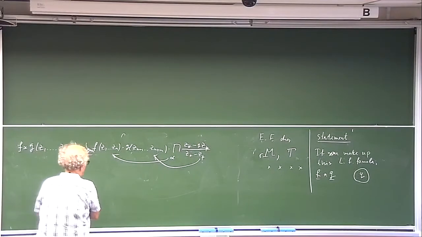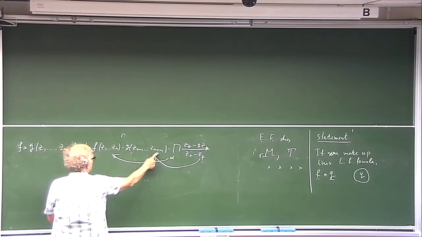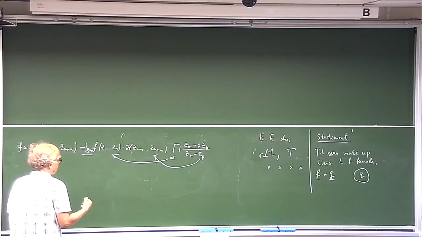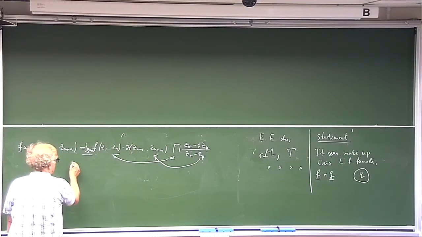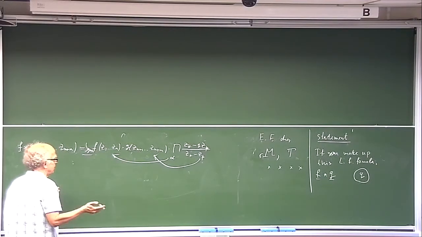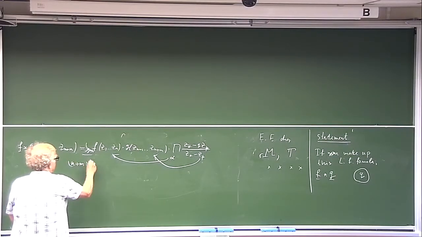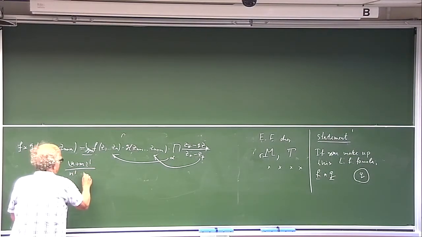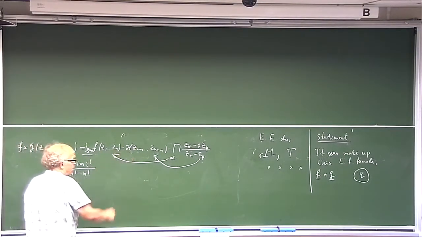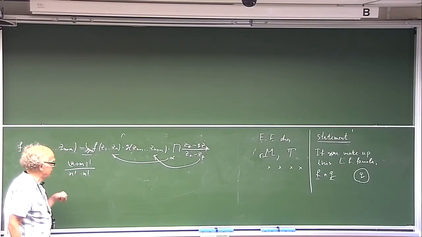Now, first of all, because this function is symmetric and this function is symmetric, really this symmetrization goes over the number of real different terms, which is n plus m factorial over n factorial over m factorial. This would be full symmetrization, but it reduces because they are symmetric.